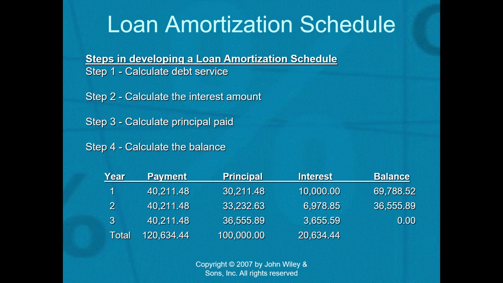That's the principal. Then in interest, the interest for the first year is going to be $10,000, and then each year it's going to go down, and we're going to pay less interest each year for a total of $20,634.44. If you add those two together, that gives you your total payment, all right? And then your balance in the final line there, you see your balance amount goes down each year.